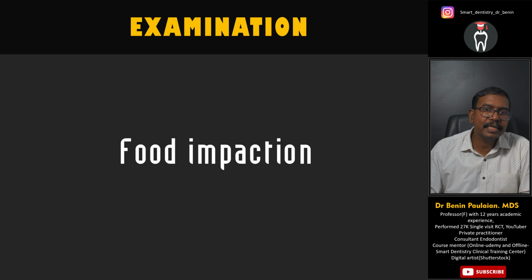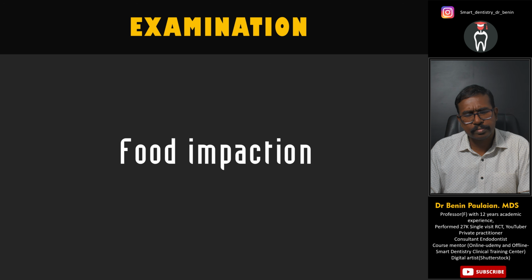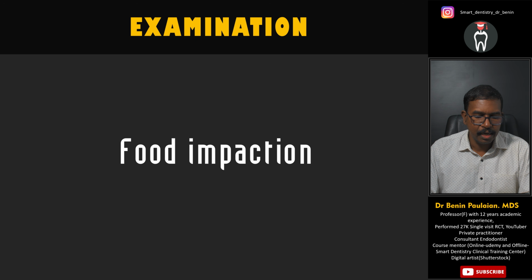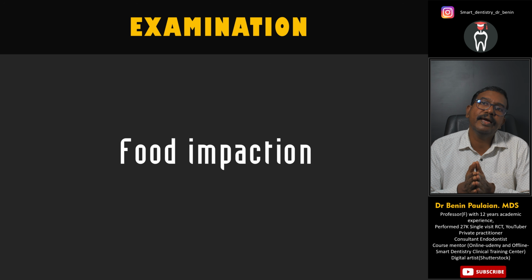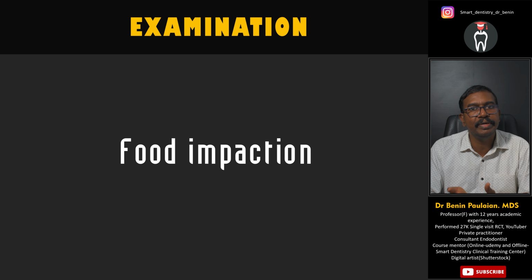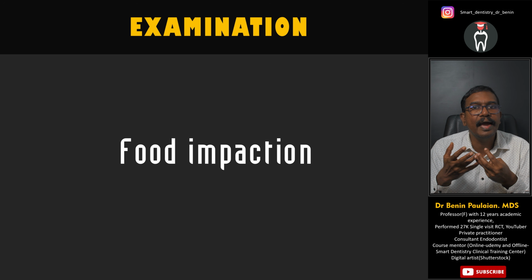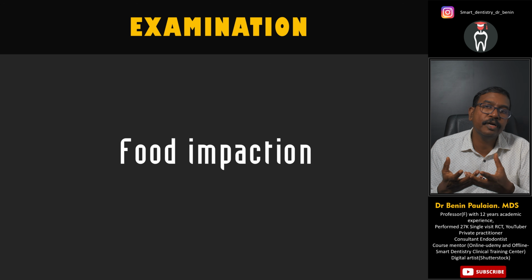Next, we have to examine whether there is a food impaction. Whenever there is a food impaction, we have to think about two things. One, whether there is a class 2 decay, which can cause food impaction, or it could be a gingival recession because of a periodontal or gingival problem.